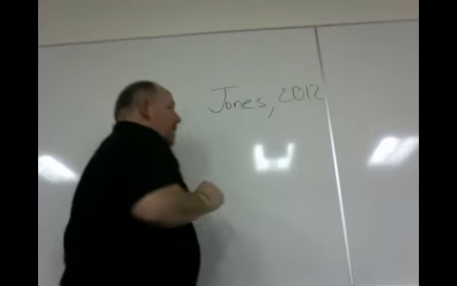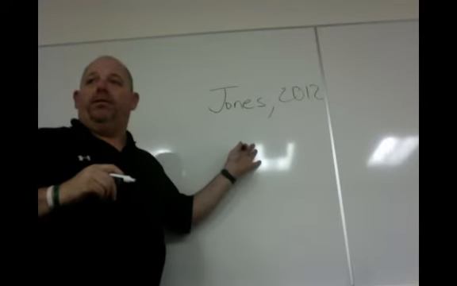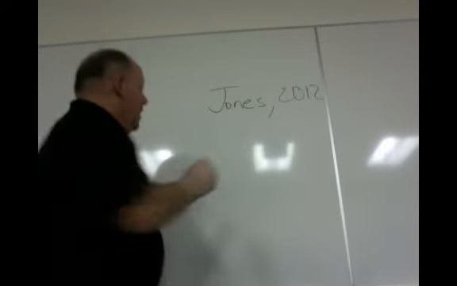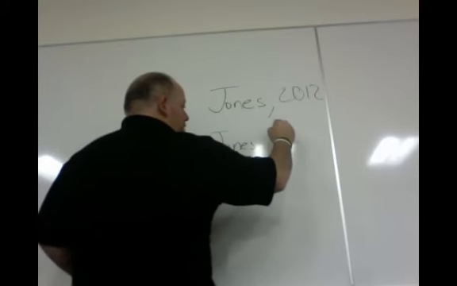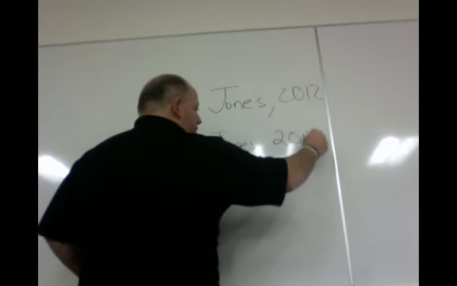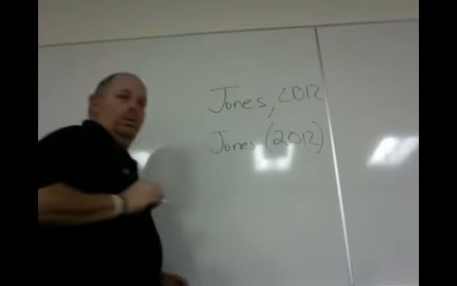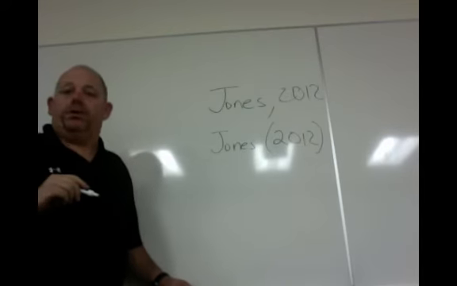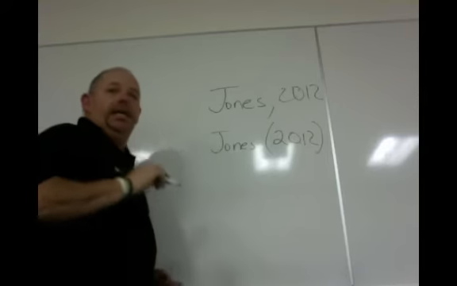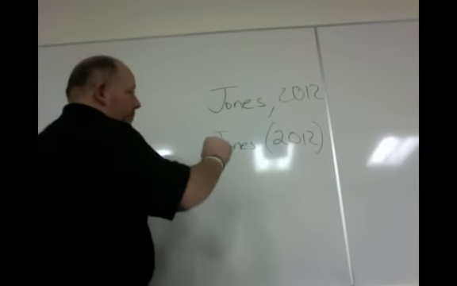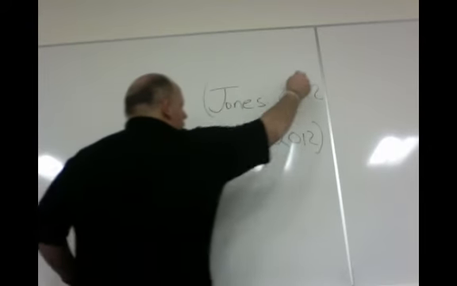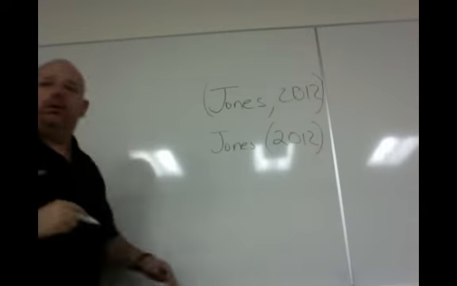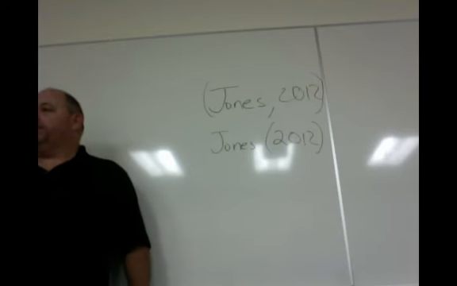If it's at the beginning, it will be Jones, 2012, with parentheses around the date. If it is at the end, it will be Jones, comma, 2012, with the parentheses around the outside.